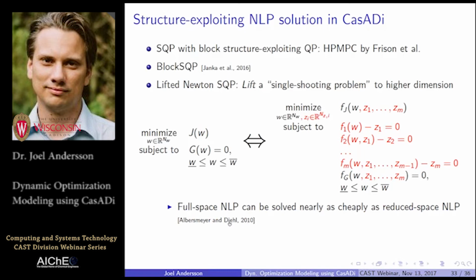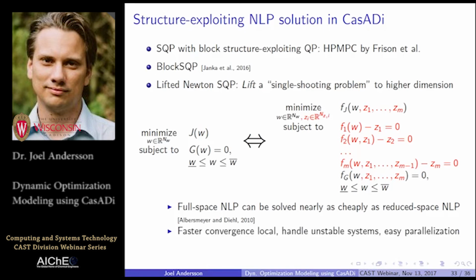This was shown in this paper. It's a result that has been known in the context of direct methods for optimal control, but this is extended to this more general purpose structure that you have here.